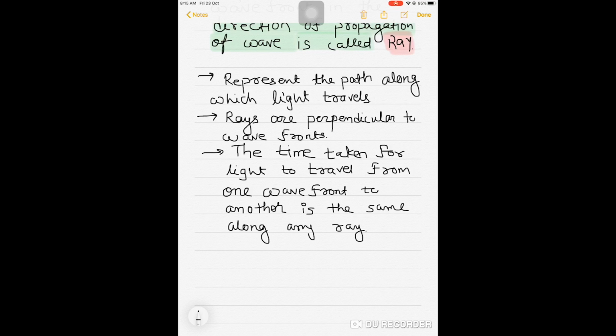So these are the basic characteristics, and in case of plane wavefront, the rays are parallel.